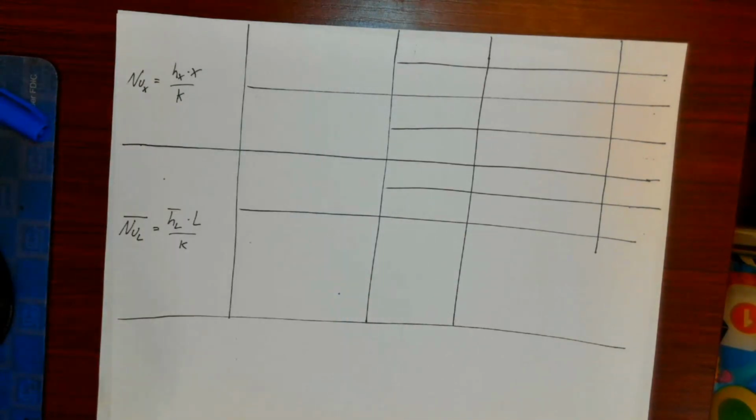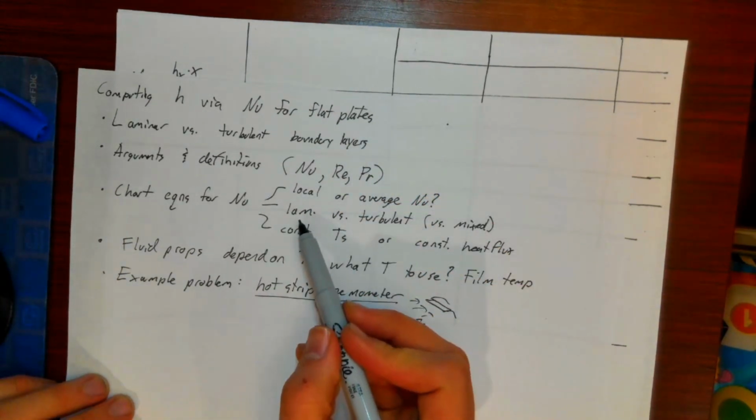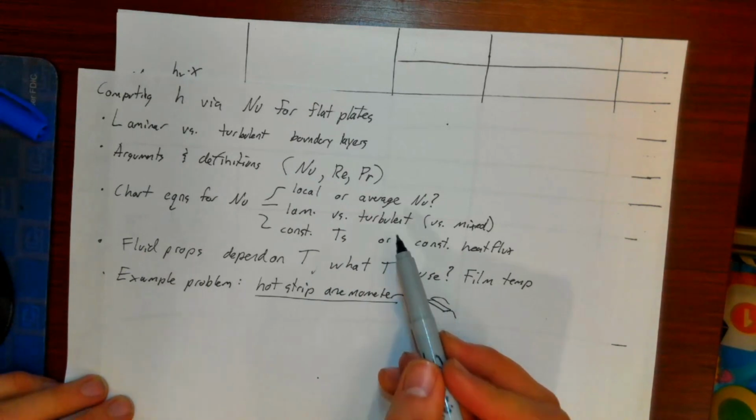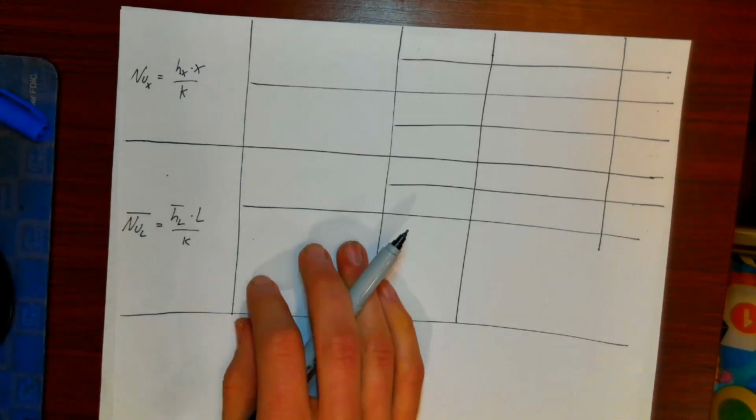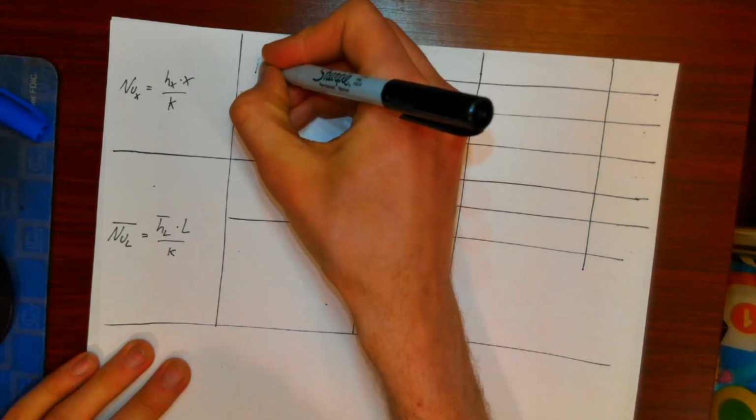The second question we ask ourselves is, are we dealing with laminar flow or turbulent flow? For the local Nusselt number, we'll have laminar and turbulent.